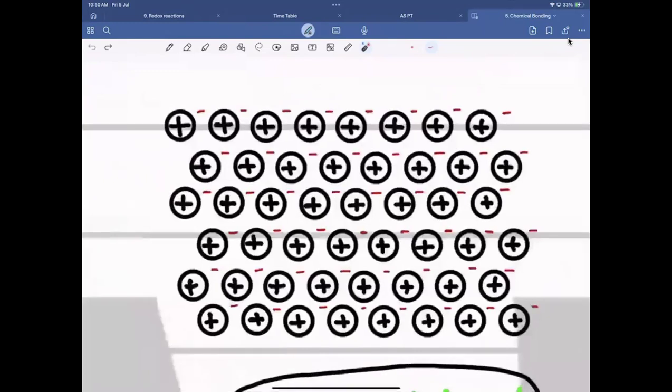These electrons move around like this. Electrons are negatively charged, so they are attracted by the positively charged cations. This attraction makes the metallic bond. Is this understandable?